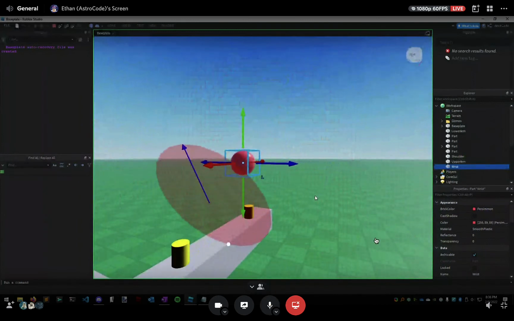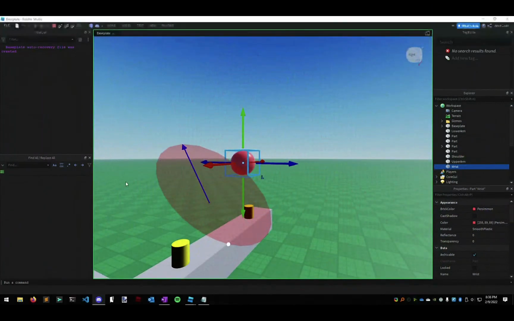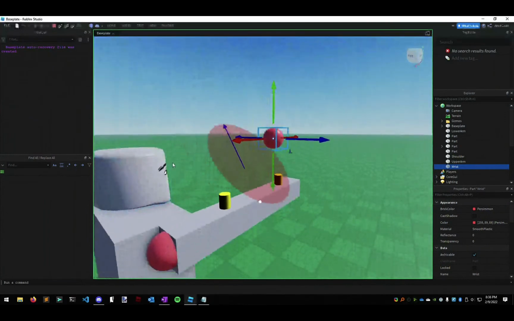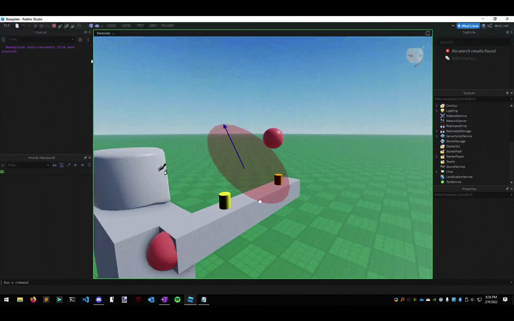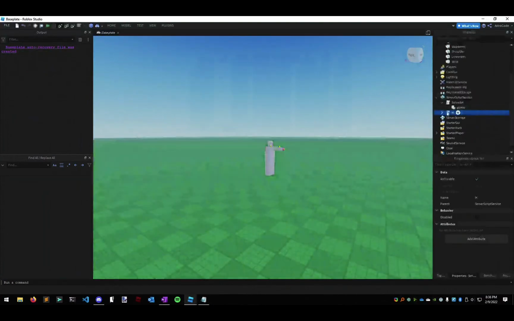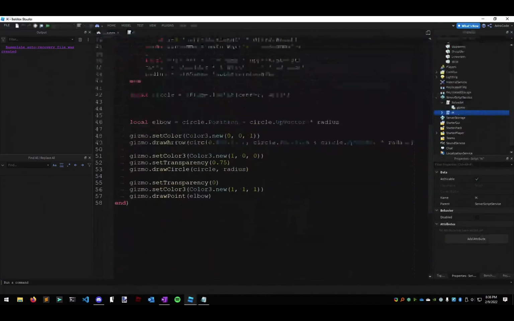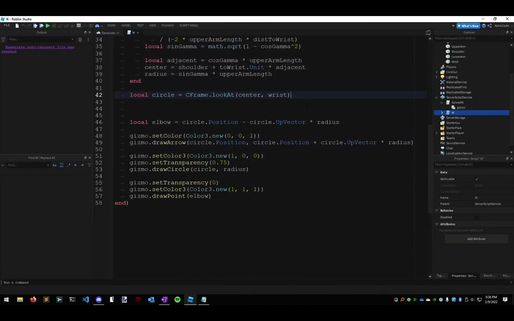How does the C-frame math work? I mean, how does it choose up vectors if you just give it look at? By default, the up vector for the C frame is the y-axis. But we can actually do better, and this is getting a little ahead of what I wanted to show.